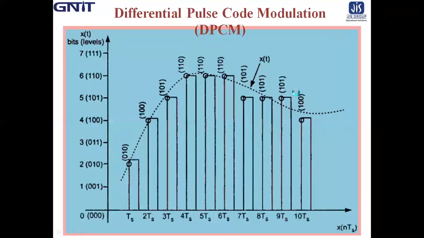Next is another modulation or source encoder technique present for bandwidth reduction, which is differential pulse code modulation, abbreviated as DPCM.